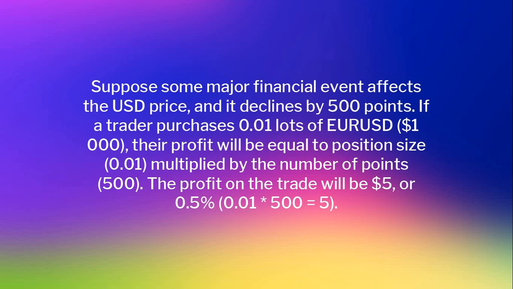So now suppose a major financial event affects the USD price, and because of that it declines by 500 points. If a trader purchased 0.01 lots of EURUSD, which is $1,000, their profit will be equal to the position lots, 0.01, multiplied by the number of points, 500.